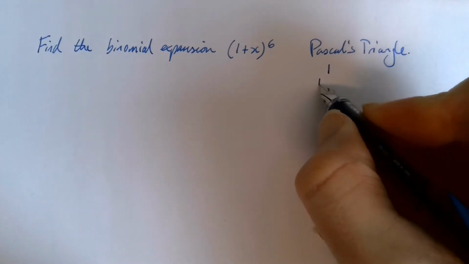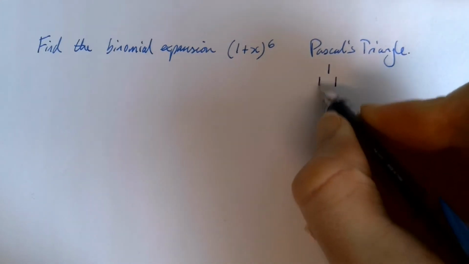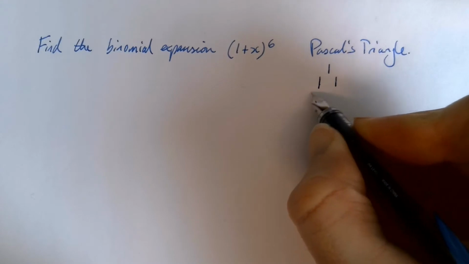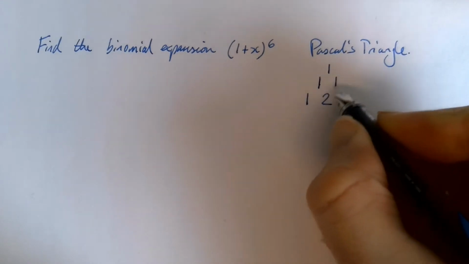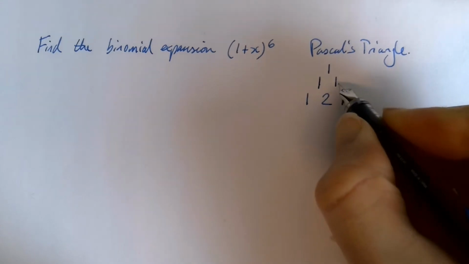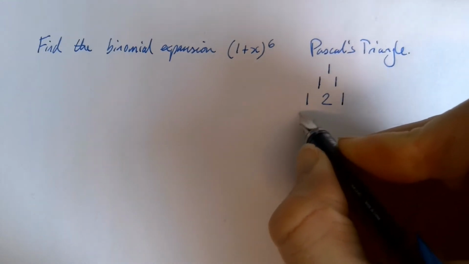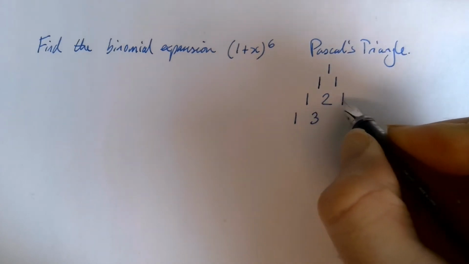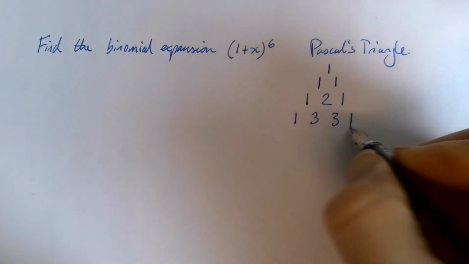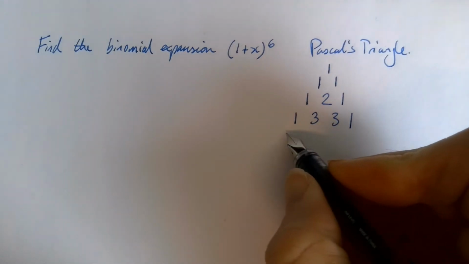So if you start with 1 and then below that put 1 and 1, and then these two numbers add to make what's below it. So this just gives us 1 plus 2 makes 3, 2 plus 1 makes 3, and then we've just got the 1 at the edge.